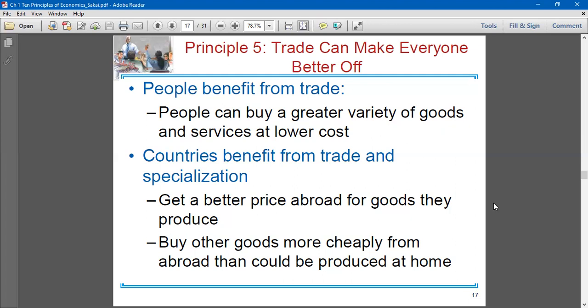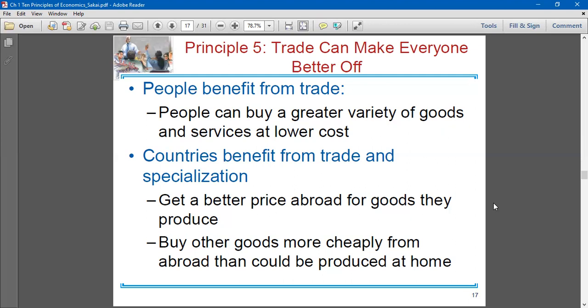But those people have high technology, so they can produce it at a lower cost and sell it to us at a lower price. So that's one benefit of trading, even for the individual. And for countries, we benefit because of specialization.